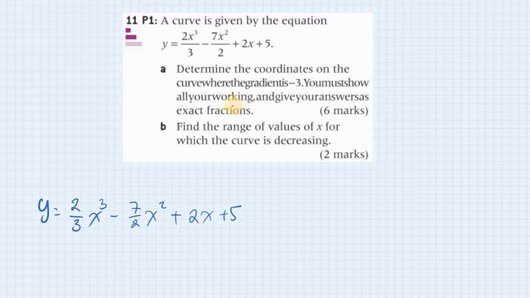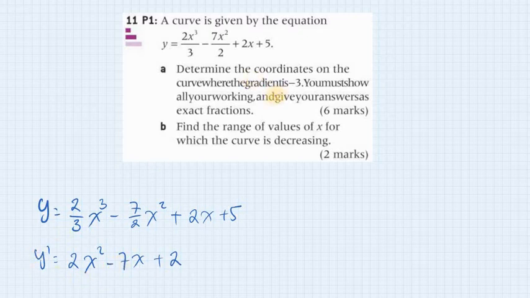Because we want to find the gradient, we have to find the first derivative. So the first derivative, y prime equals 3 times 2/3, we have 2x squared, 7/2 times 2, we will have minus 7x plus 2. This will be our gradient formula.